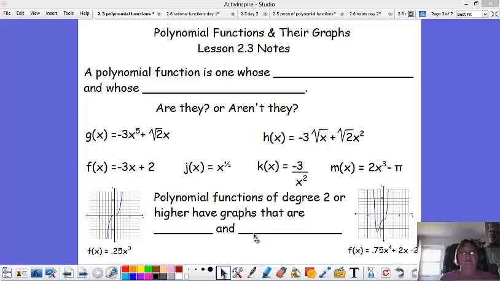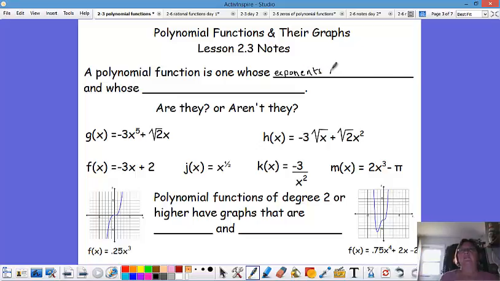So to get us started, a polynomial function is one whose exponents are positive integers, and whose coefficients are real numbers.